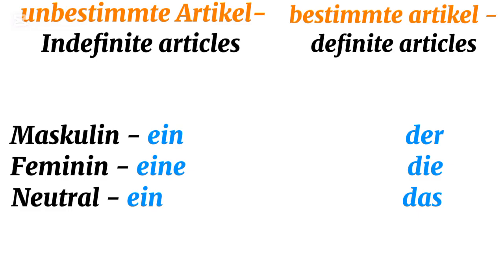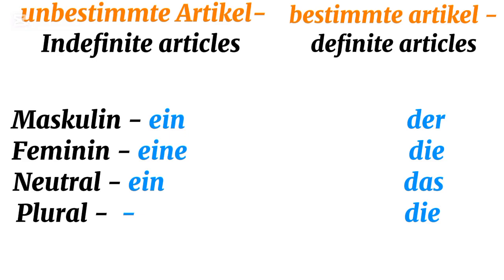The plural, they take a die, okay? Indefinite articles, but now plural in indefinite articles, they are not here, okay? It is a zero, nothing. You are just supposed to leave it blank like that, okay?